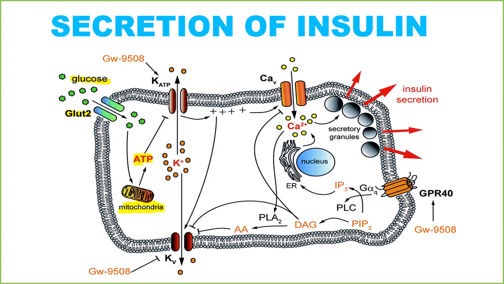This ATP alters the ion channel activity on the membrane. This causes the inhibition of the ATP sensitive potassium channel on the cell membrane, thus opening the calcium channel, with resultant influx of the calcium. This influx of the calcium causes the release of the insulin.